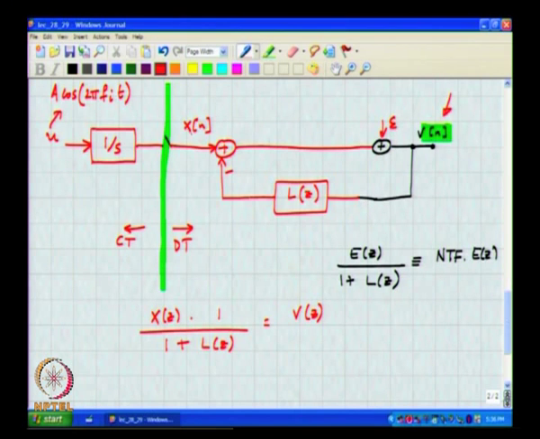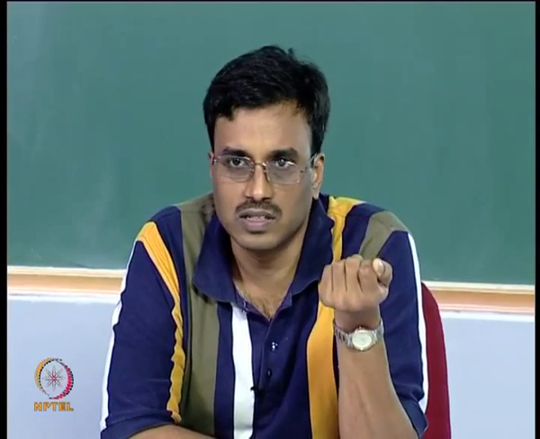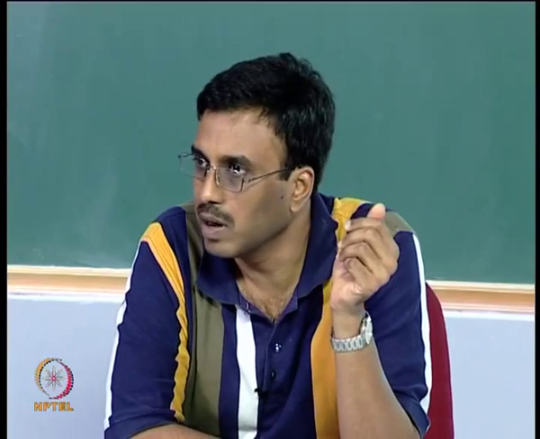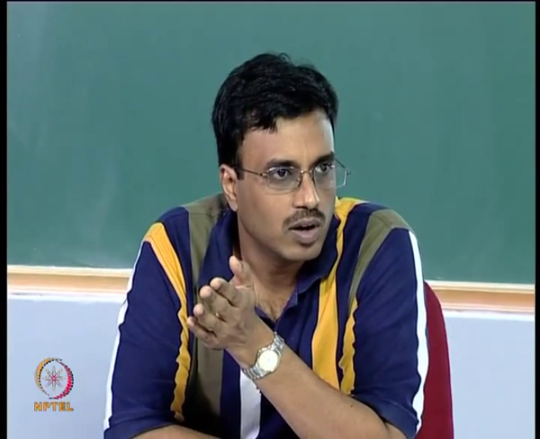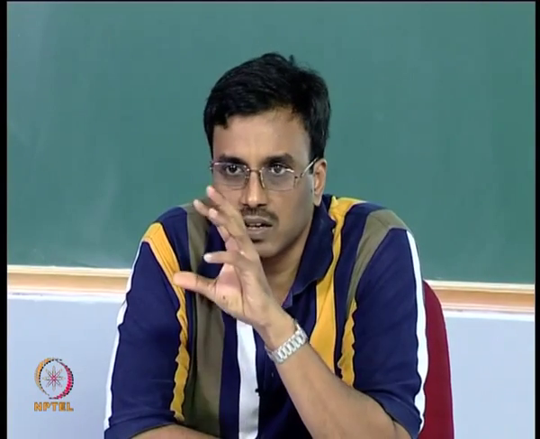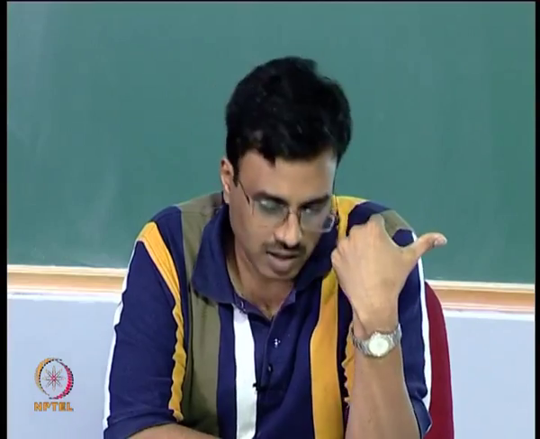And once you know that, you know the discrete time transfer function from x of n to v. So you can just plug in the appropriate value for z, which will be e to the j blah blah blah, and determine the magnitude of the sinusoid at v given u, right.